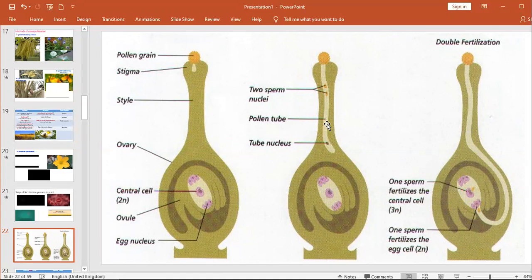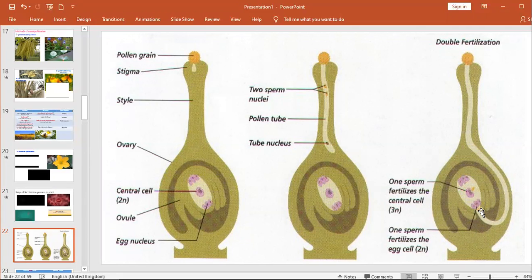By forming this tube, the nucleus inside the pollen grain divides to form two types of nuclei: the tube nucleus, which is responsible for forming and extending the tube, and two male nuclei, which are for forming the zygote. The tube nucleus is not found after some time, but the two nuclei transfer from this tube to the egg.